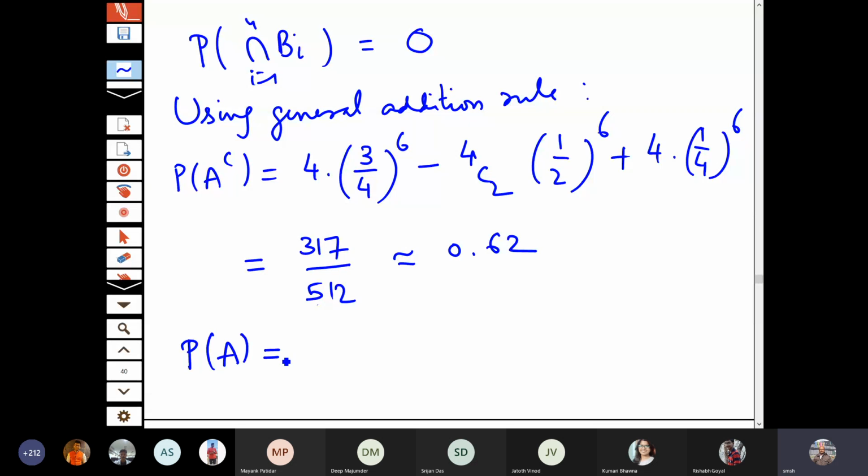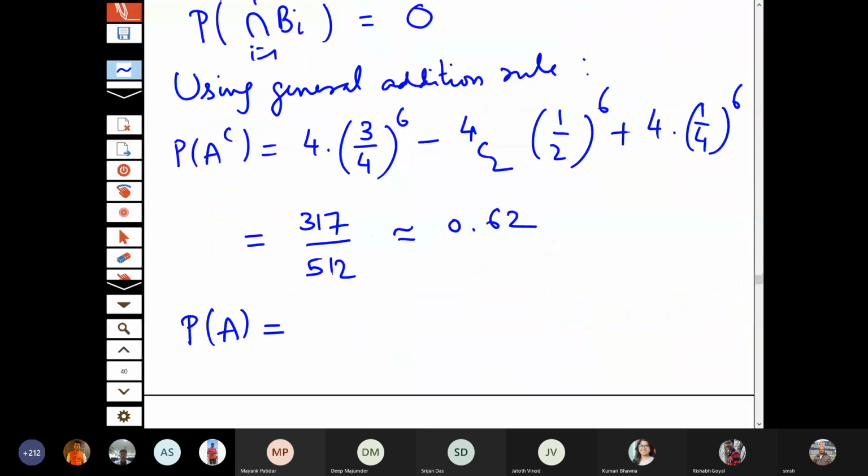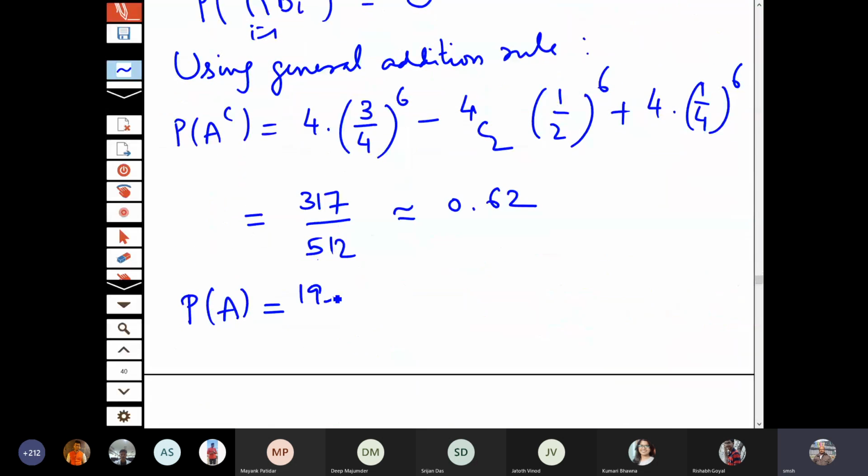So probability of A then becomes 195 by 512, which is approximately 0.38.